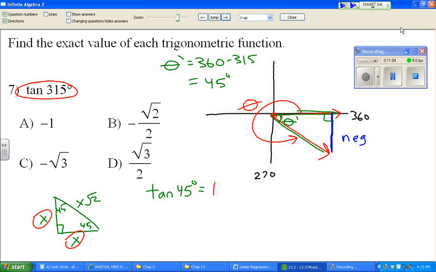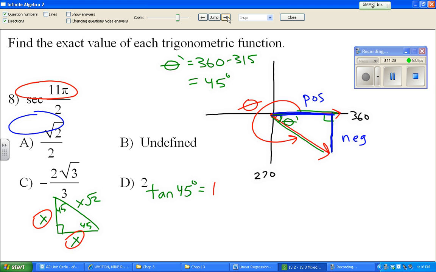So the y values are negative, and the adjacent side is positive, because the x value there is going to the right. Tangent is opposite over adjacent, a negative divided by a positive. That's why the actual answer is negative 1, because for our angle, it's a negative y value over a positive x value. So A for that one.